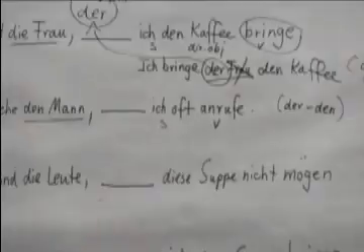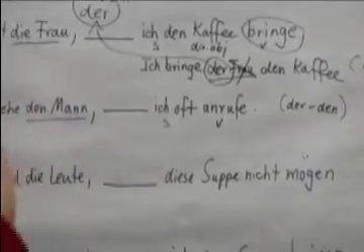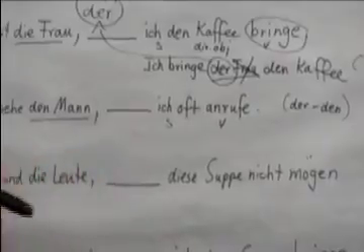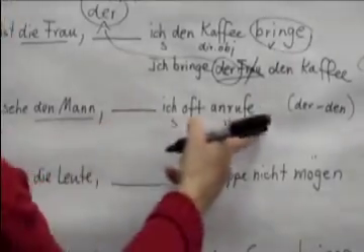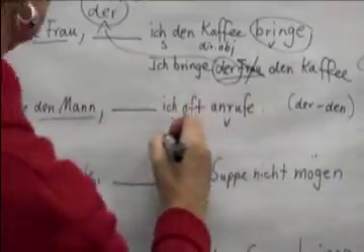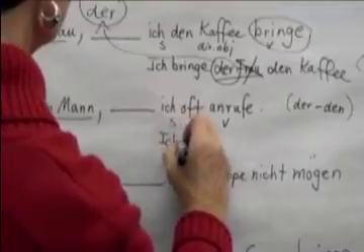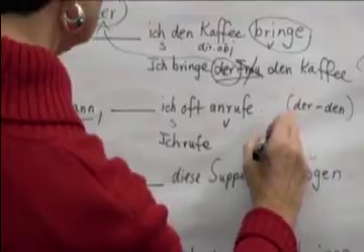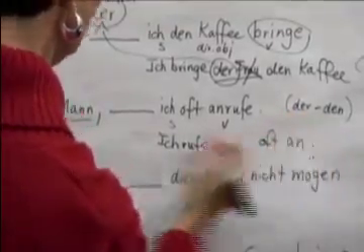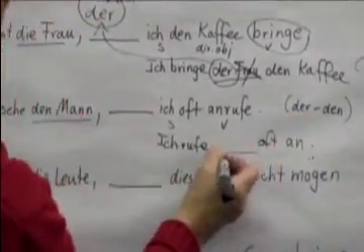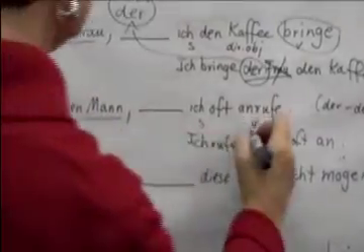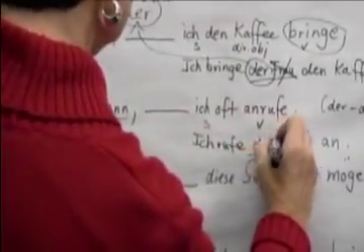Now for relative clauses, you really have to review all your article endings and their changes in the different cases. So let's make this a complete sentence. Yeah, so let's start with the subject. Ich rufe oft an. Alright, now we said subject verb, our direct object is missing. So since it's Mann, it becomes den Mann.